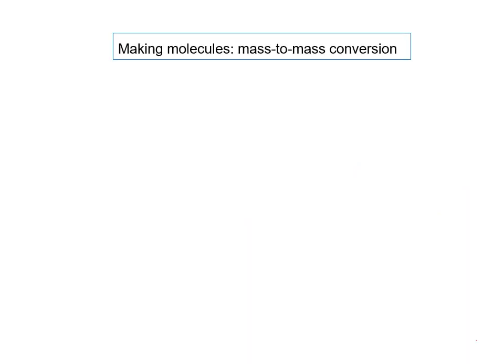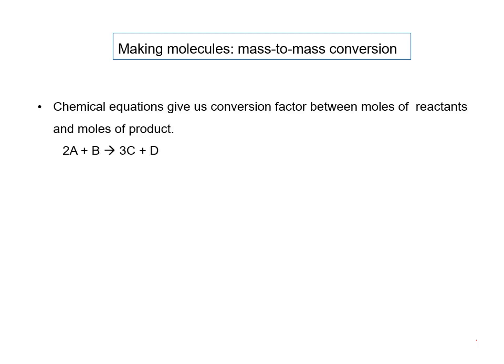Now, in the problem that we just looked at, we saw that we can do a mole-to-mole conversion using the balanced chemical equation. Now, let's say I wanted to do a mass-to-mass conversion rather than a mole-to-mole conversion. Remember that chemical equations give us a conversion factor between moles of reactants and moles of product.